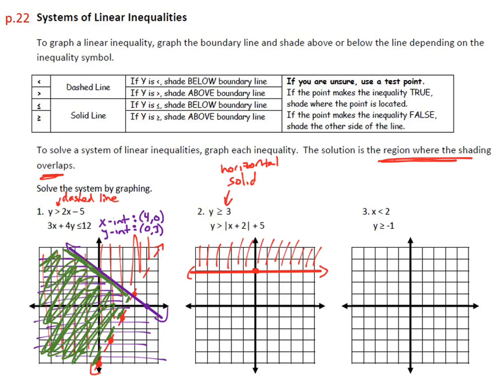Now, we have one of those other equations, and we're not quite sure what to do with that because we haven't talked about absolute value functions yet. So we can make a quick table of values, choose some values for x, plug it into the absolute value of x plus 2, and then add 5, and that's going to give us our y value so that we have ordered pairs (x, y).